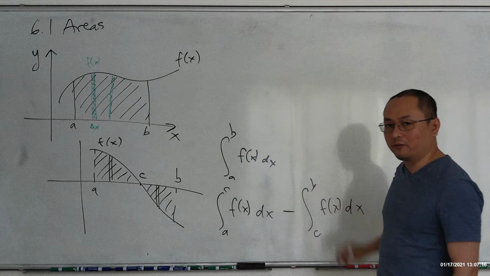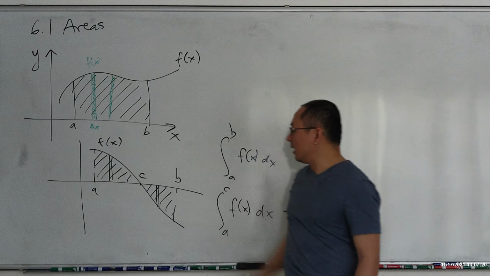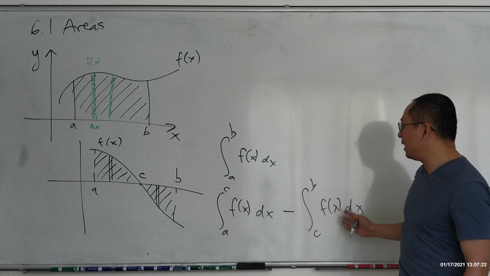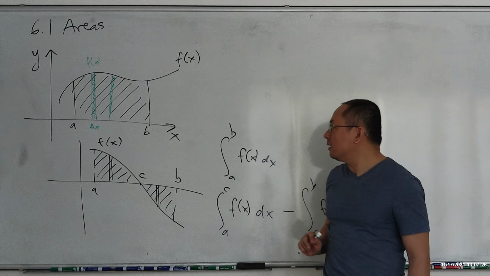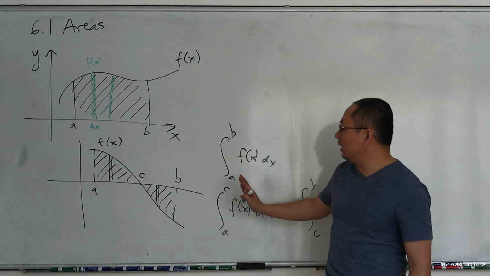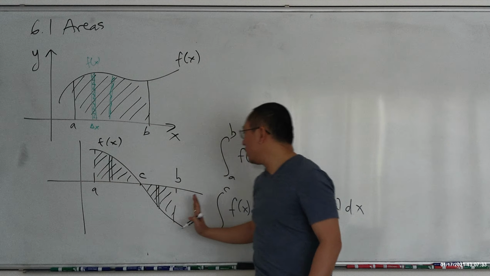So instead of adding, you do a subtraction. You flip the area from below the x-axis back to above the x-axis, and then you have the area all the way from a to b. So it's not really a new thing. We're talking about the physical area, not the integral from a to b.